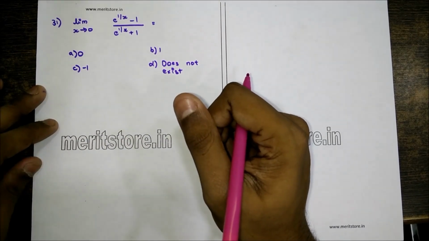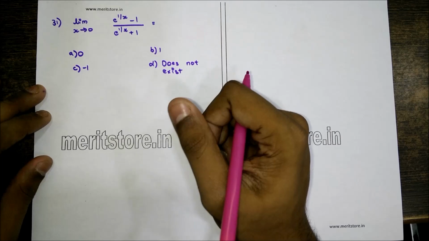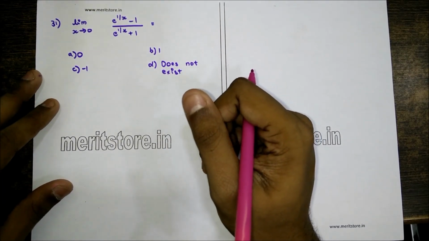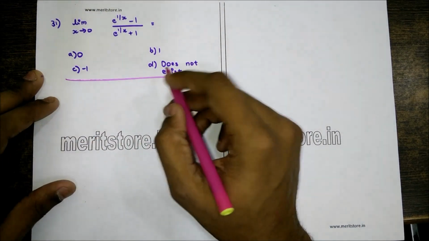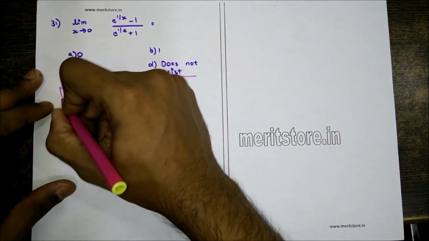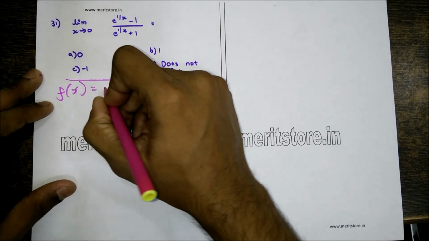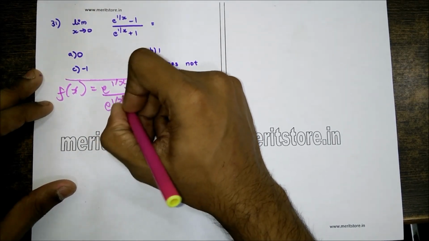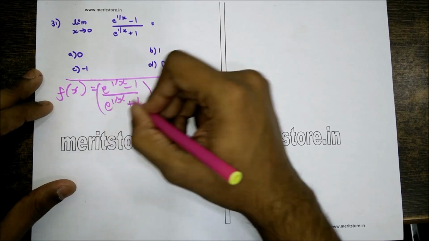Limit of x tends to 0 (e raised to 1 by x minus 1) upon (e raised to 1 by x plus 1) equals a) 0, b) 1, c) minus 1, d) does not exist. So therefore we could write f of x equals e raised to 1 by x minus 1 upon e raised to 1 by x plus 1.